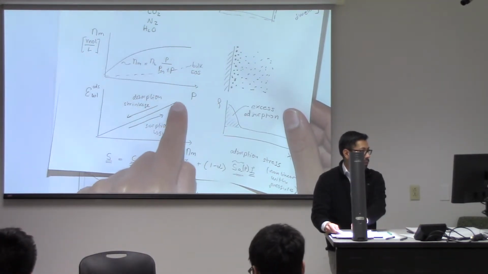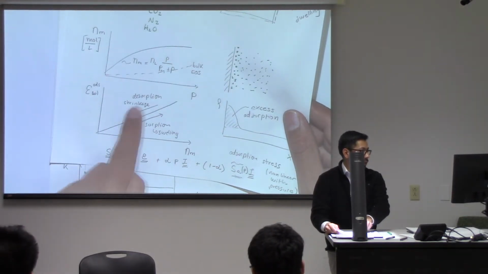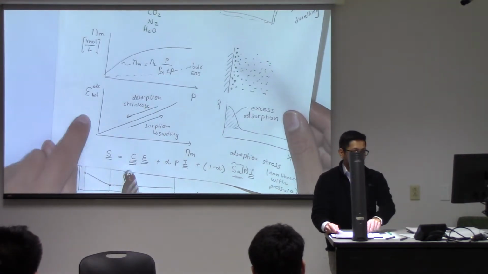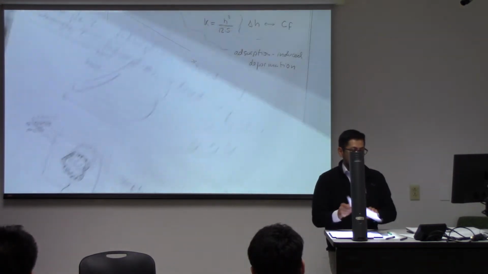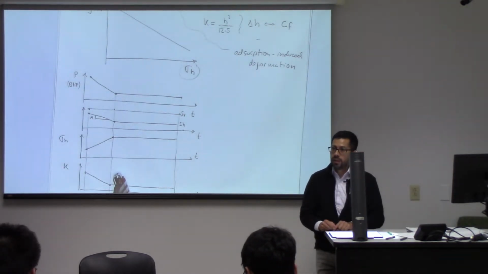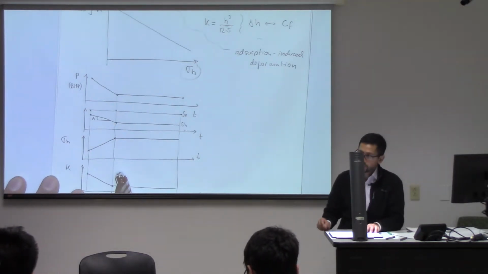You have less pressure, and less pressure is going to be less amount of sorbed fluid. Less amount of sorbed fluid leads to shrinkage. So you know your rock is shrinking as you're producing fluids. What do you think is going to happen to your horizontal stress?